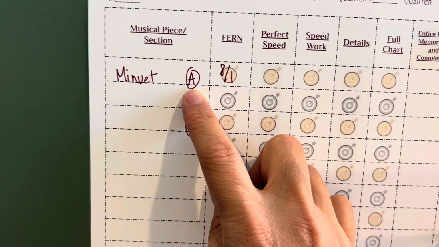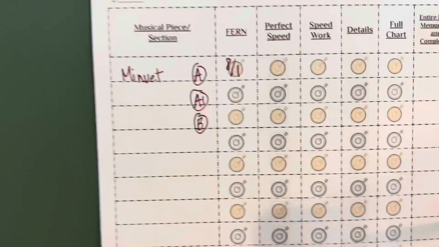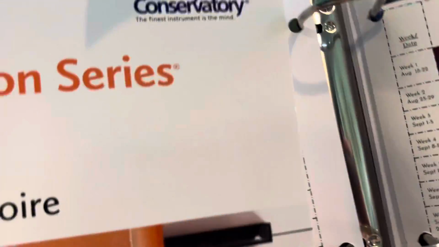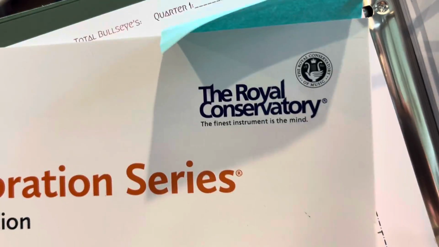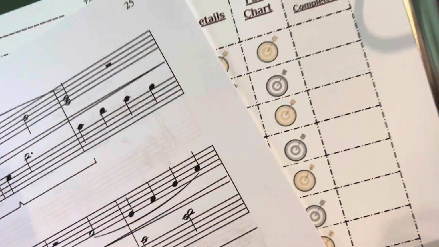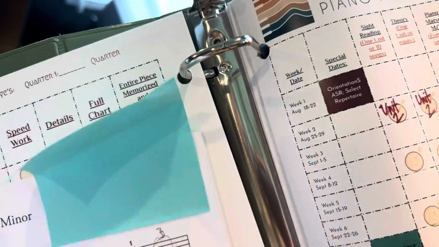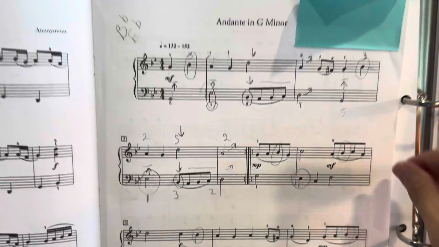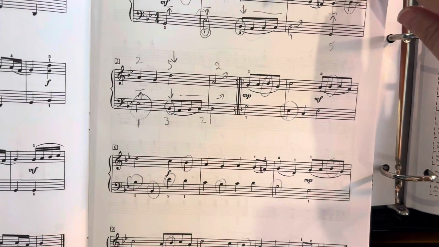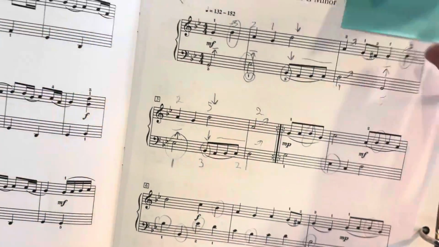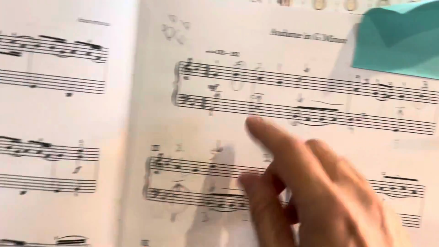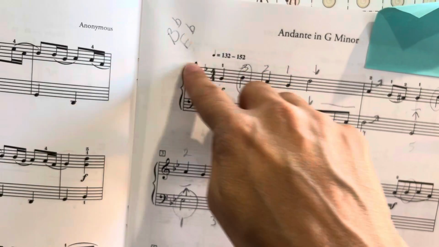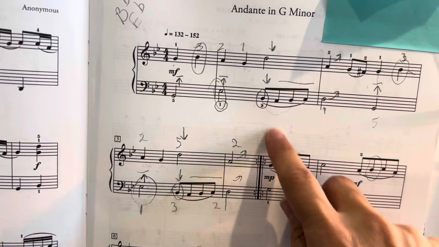So I'll label out a song by section. So for example, let me get this piece of music on. Okay, for example, this song, actually, I don't think I have one labeled here, but I'll write a section like A with a circle, and then this would have a B with a circle.